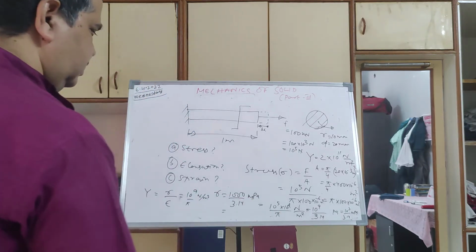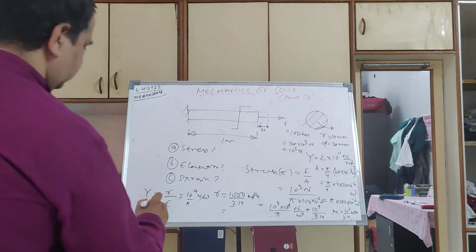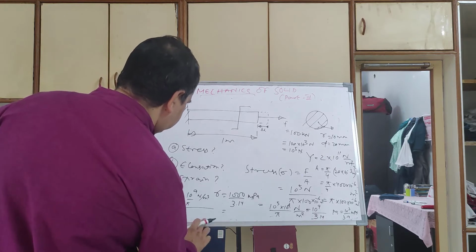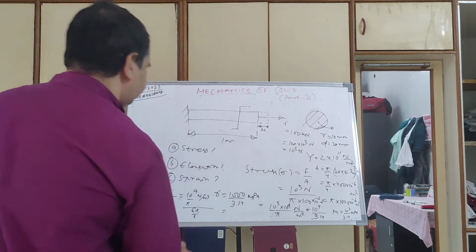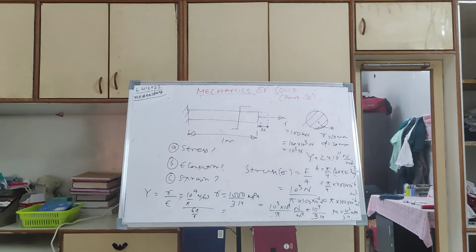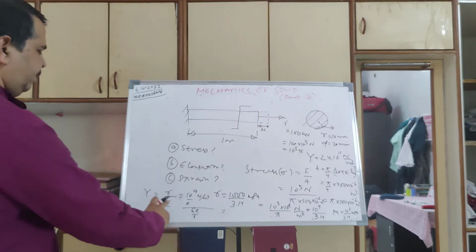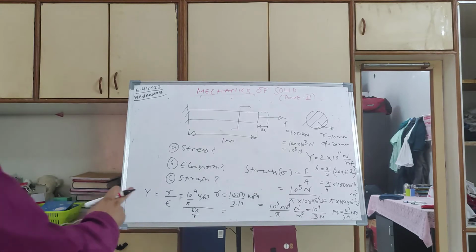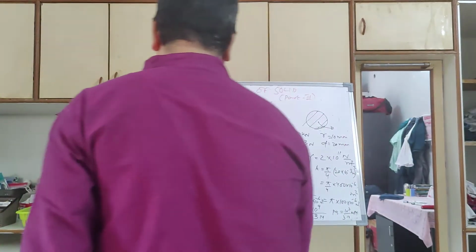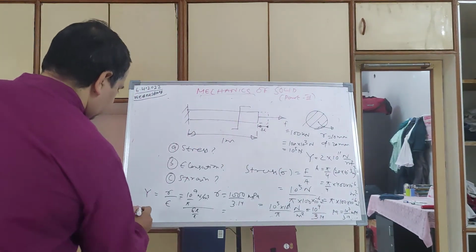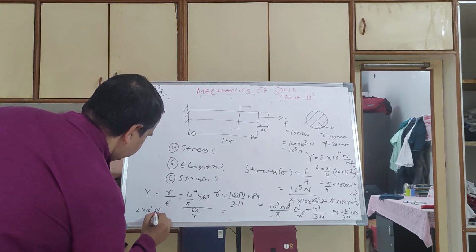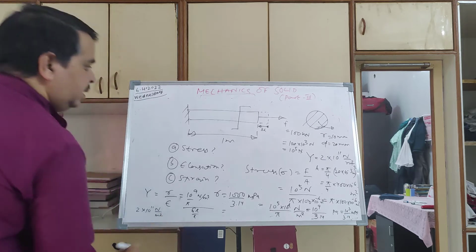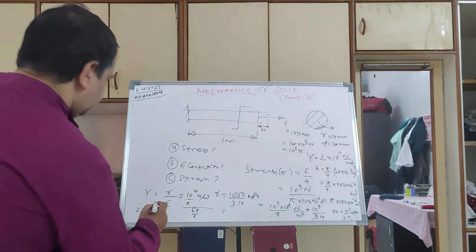Strain is nothing but del L by L. L is 1 meter. So the only thing you want to know is delta L, because Y you also know as 2 into 10 to the power 11 Newton per meter square.